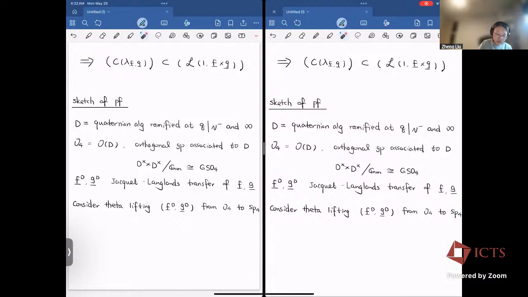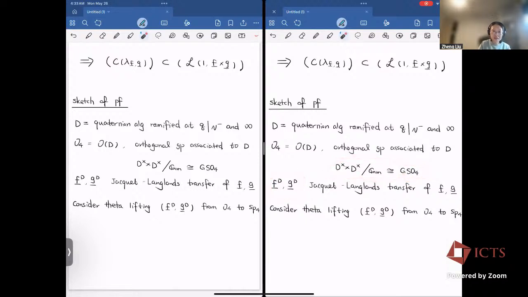And then I will let F upper D and G upper D be the Jacquet-Langlands transfer of the Hida families F and G on GL2 to this D cross. Then essentially this pair is going to give me an automorphic form on this O4.